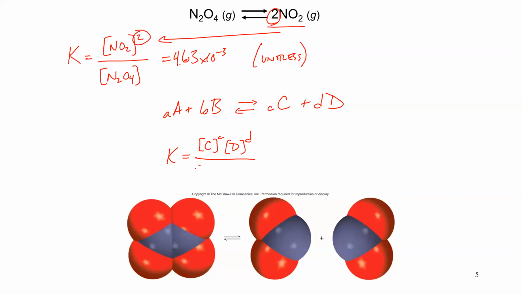In the denominator, I'm going to have the concentration of A to the a and the concentration of B to the b. And this is our equilibrium constant. And this is the form of that equilibrium constant for every reaction out there.